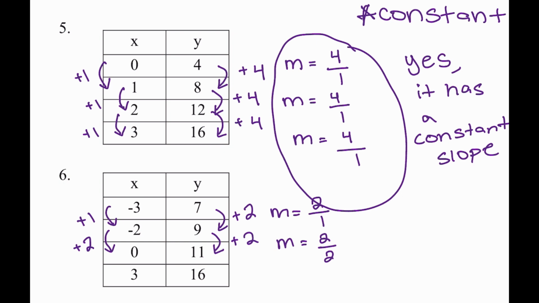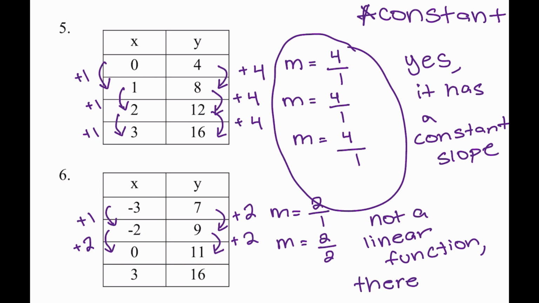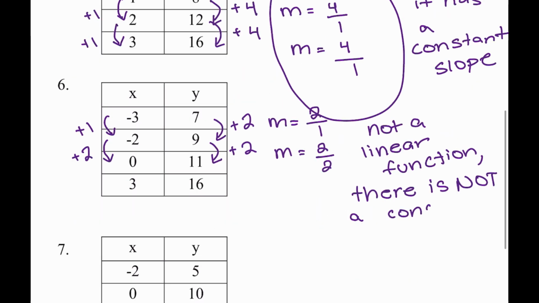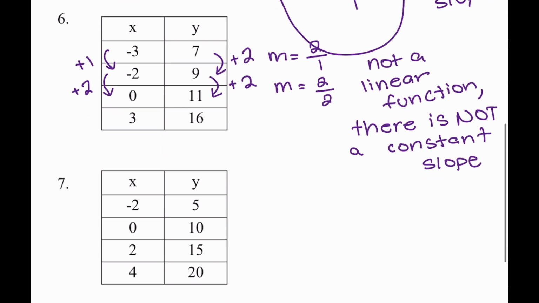These are different slopes, so this is not a linear function. Because there is not a constant slope. To have a constant slope, the slope has to be the same all the way through the table. So let's check number 7.